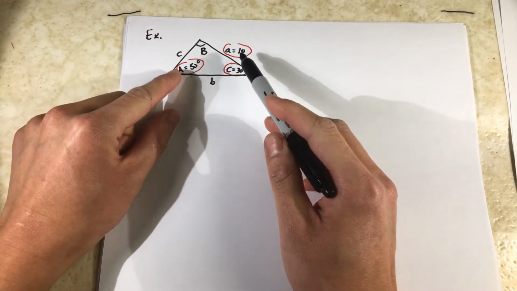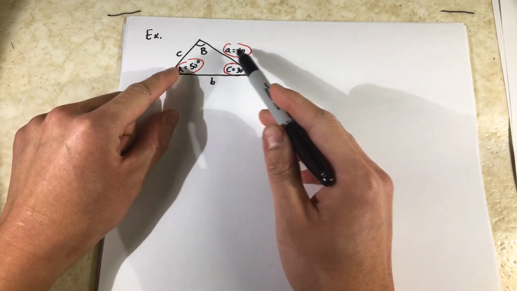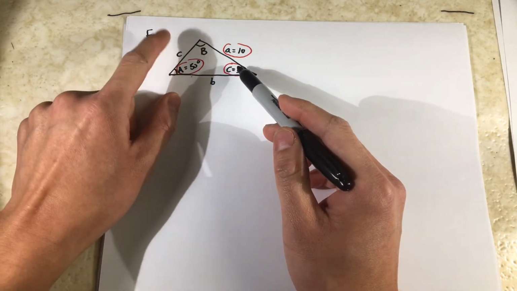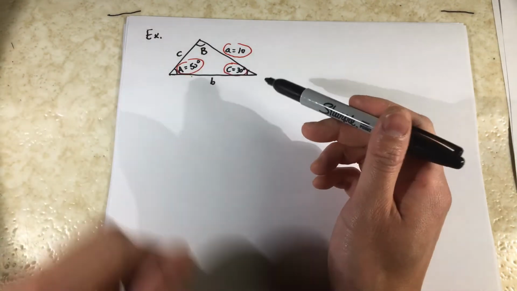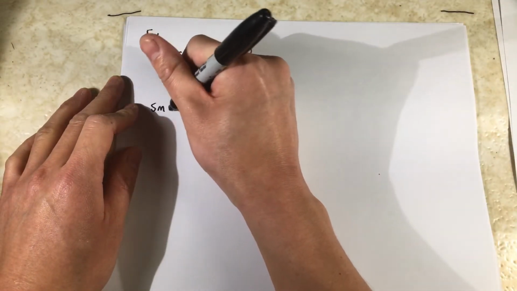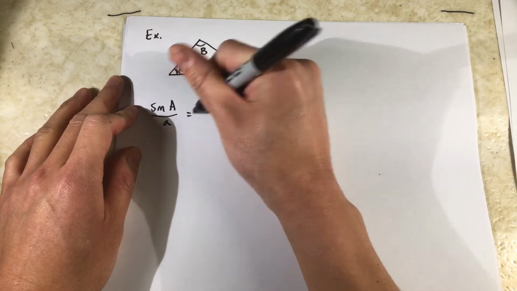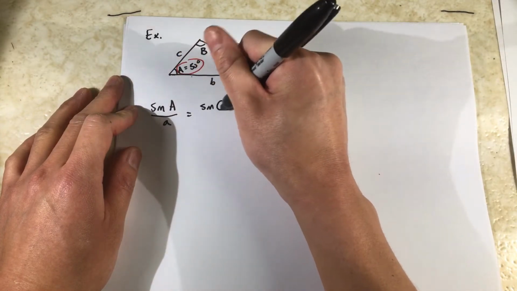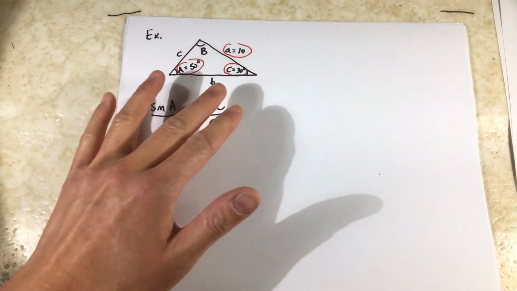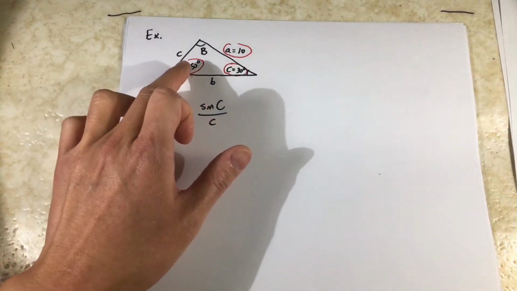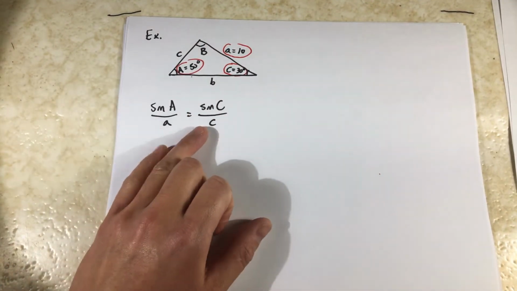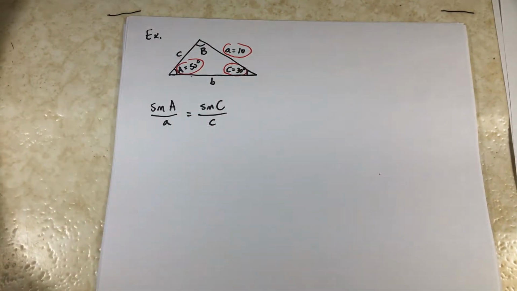So we're going to apply the law of sines with sine A over a and sine C over c, and c should be our only unknown. So it'll look something like this: sine A over a equals sine C over c. I chose this pair strategically, so that I know everything except one thing. And if I have one unknown, then I should be able to solve for it.